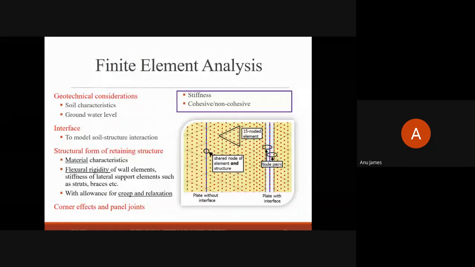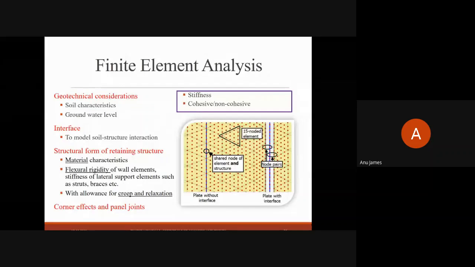While we provide an interface between the soil and wall, a node pair is created in the model. Among this node pair, one node belongs to the soil part and the other to the concrete part, and all the relative movements are distributed in this interface area.